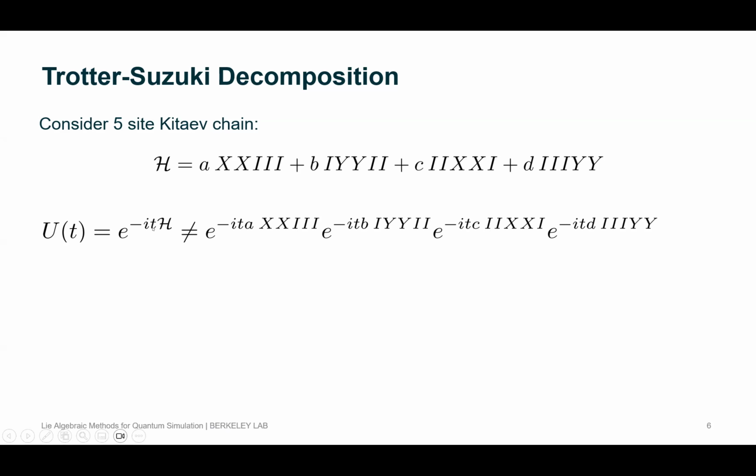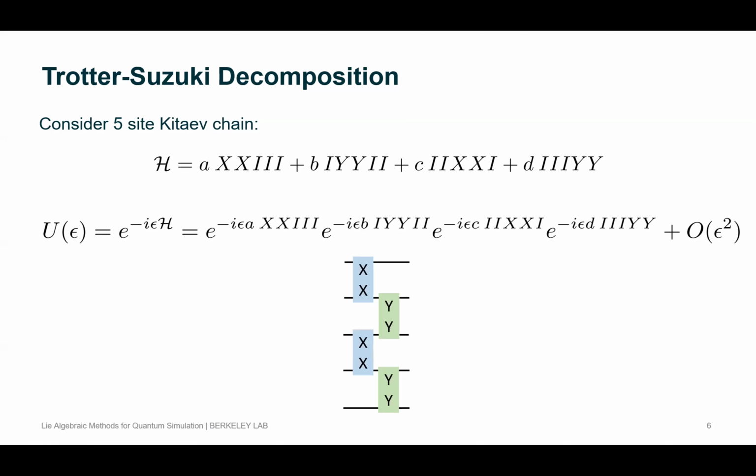However, when the simulation time is small enough, you can approximately do it. When the simulation time is replaced by epsilon, the universal symbol for a small enough real number, you can write it this way plus some quadratic order error. That allows you to write a bigger time evolution by using these small time evolution steps.